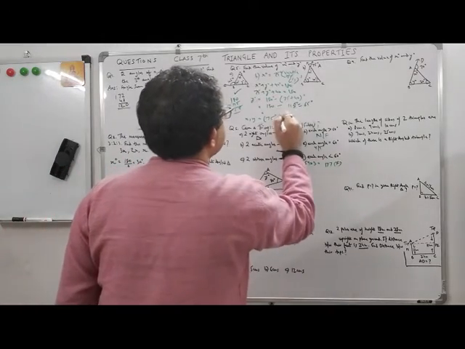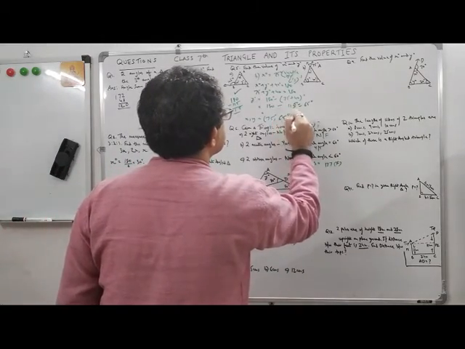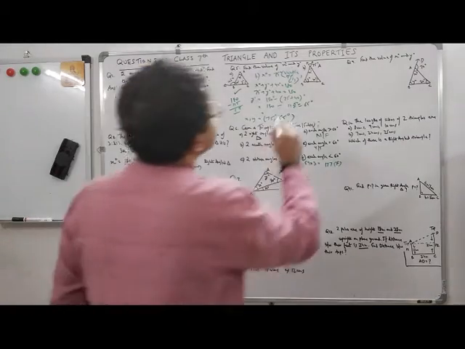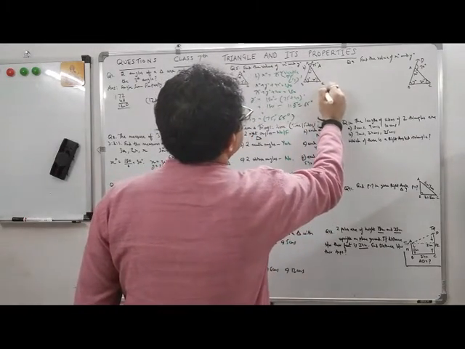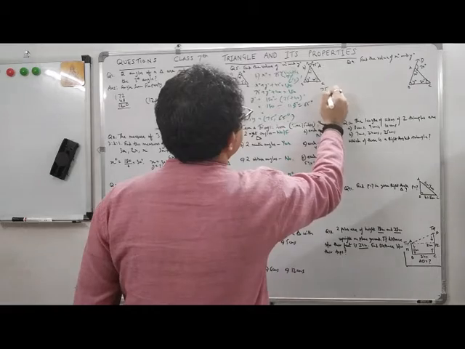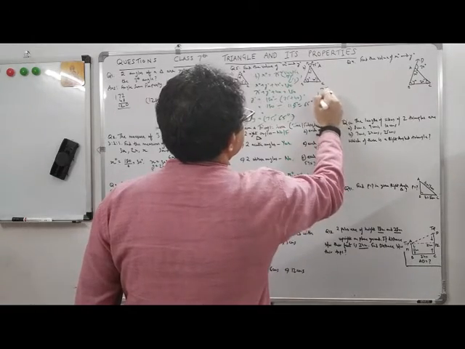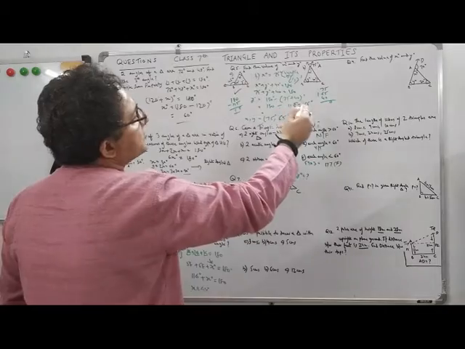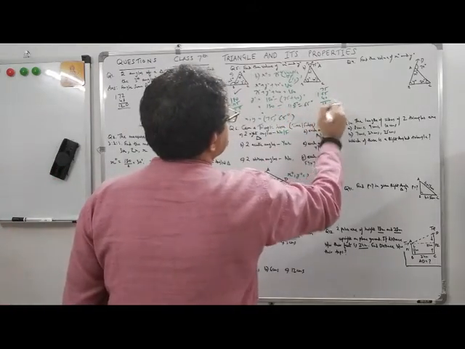So 75 degree and 65 degrees, right? We can also calculate if we add these three, 75, 65 and 40. This has to be 180. Just to check, okay? 7 plus 1, 8, 8 plus 4, 12, 12 plus 6, 18. Perfect. So we are right.